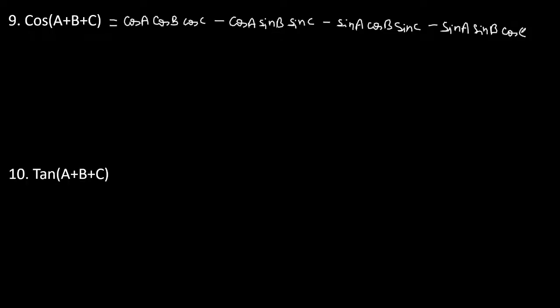Now if we have tan (A plus B plus C), I will tell you not to prove this one. It is simply to remember as (S1 minus S3) upon (1 minus S2).